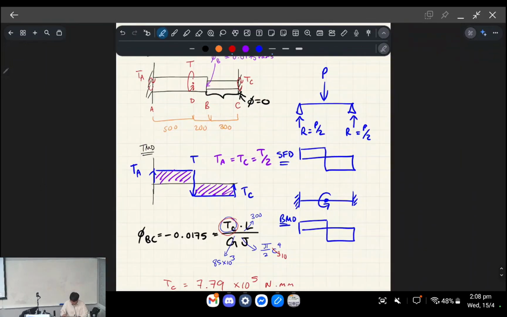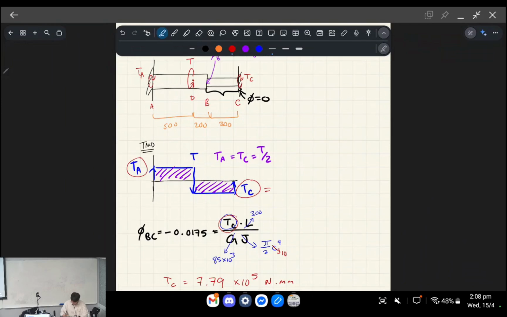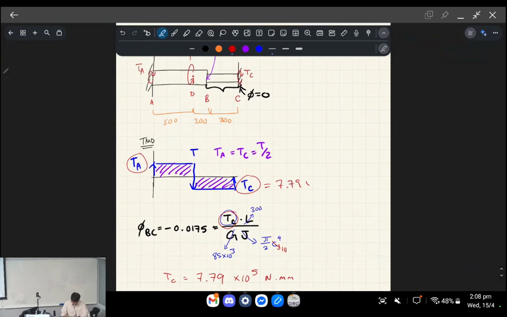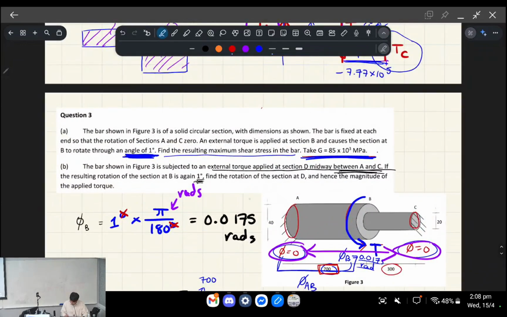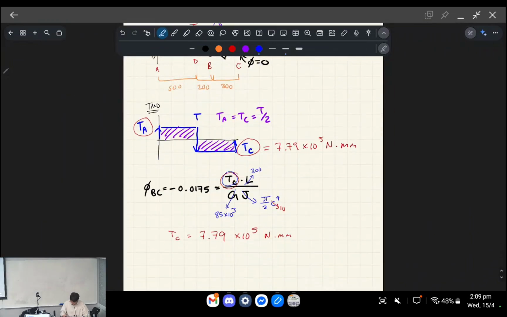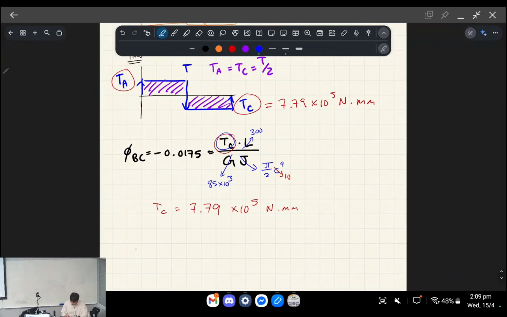And we know TA and TC are both equal to this, right? And basically the rest of the question is just asking you to find the rotation at D. So if that's the torque moment diagram that we've now solved, to find the twist, we go here.